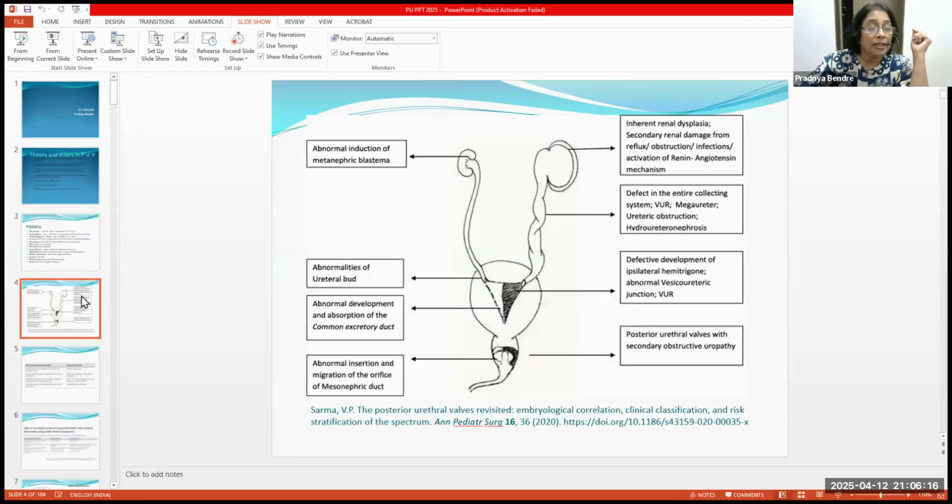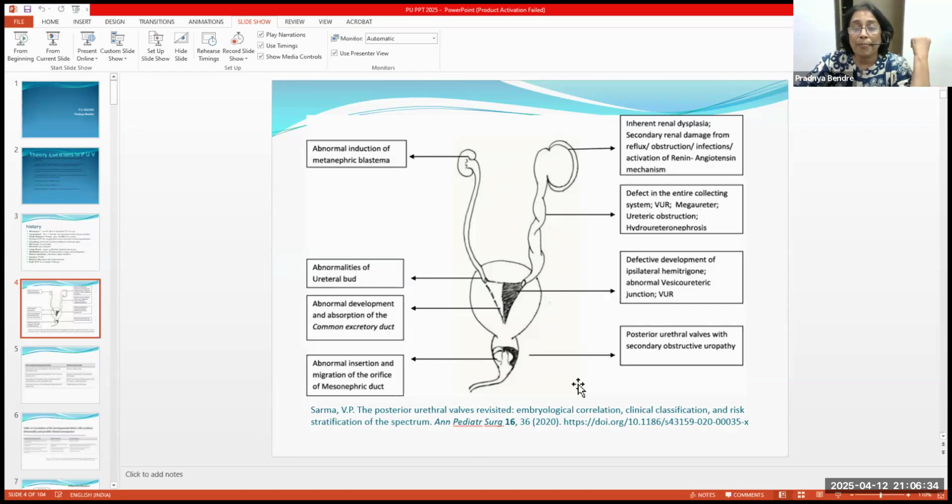Now a little bit about the embryology. There are different theories that you must be reading in your textbook, but every embryological insult will contribute to some pathological sequelae.